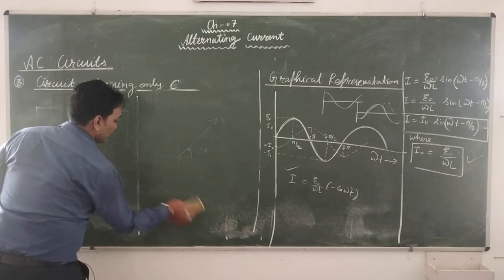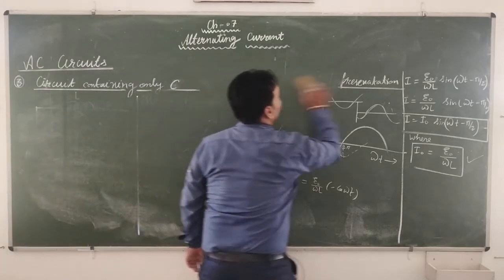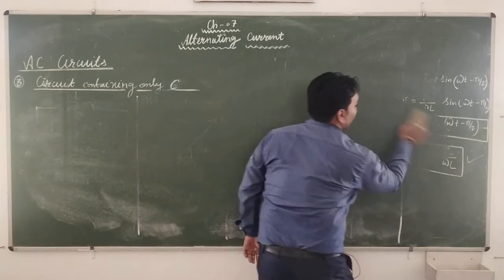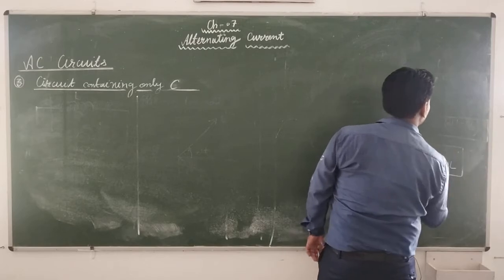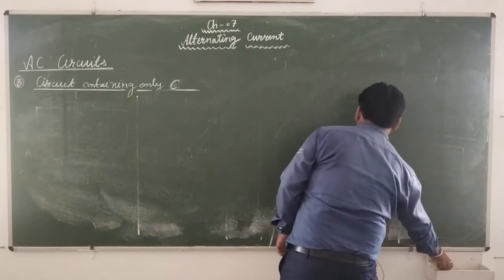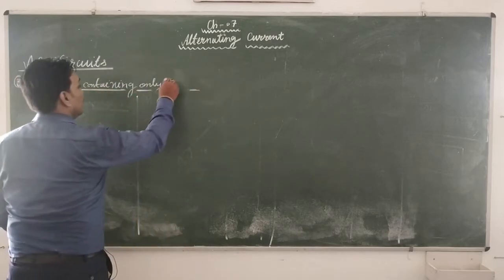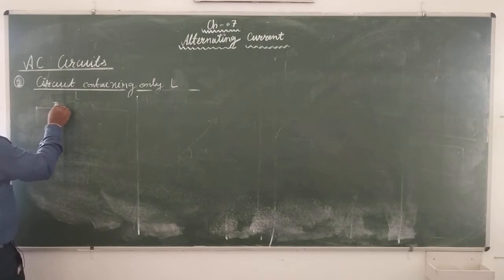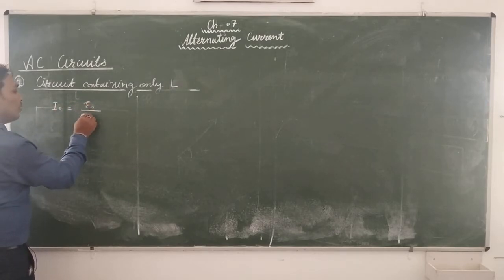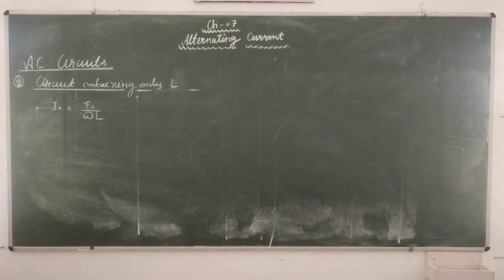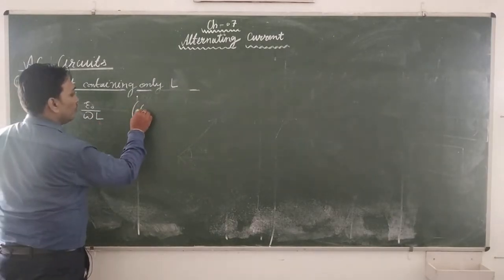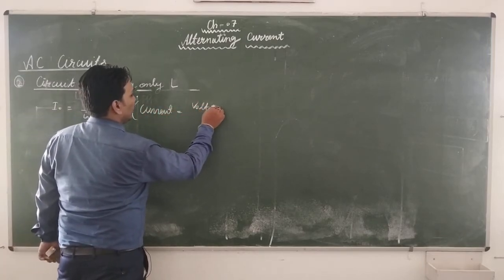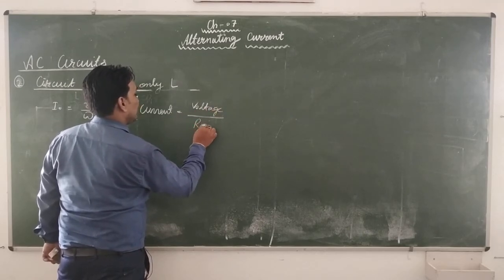So let us discuss the third circuit, which is capacitance. One very important thing before discussing this one: I naught is equal to E naught upon omega L. Here the current is equal to voltage or the EMF upon the resistance.